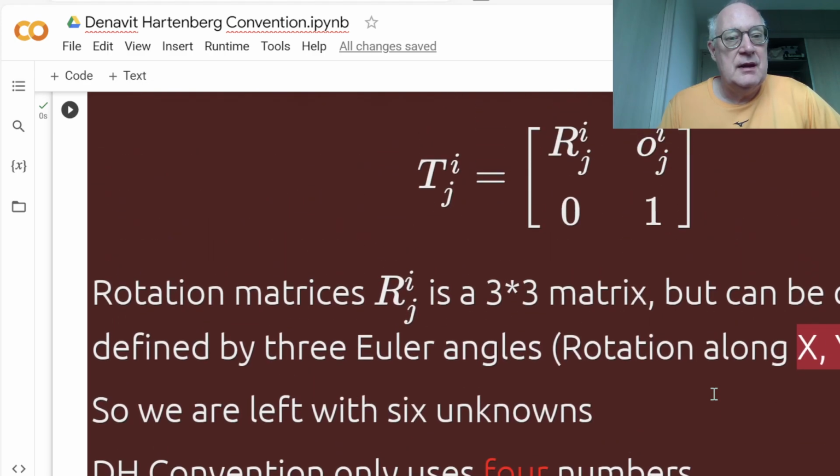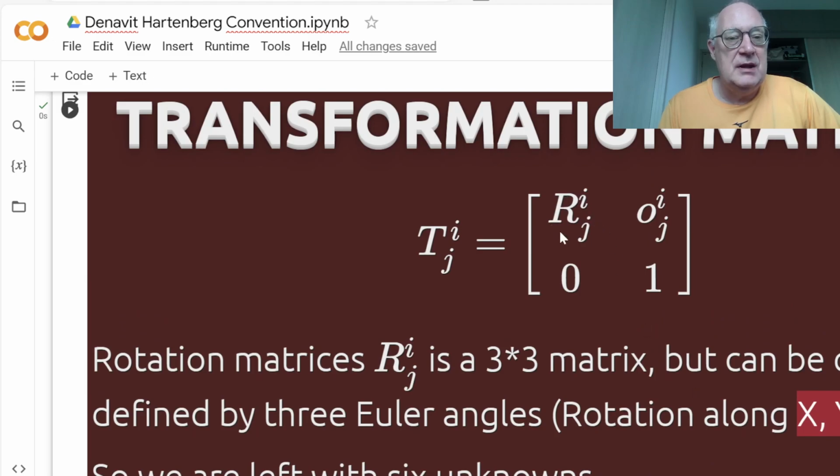So that means even if we take into consideration that this 3x3 matrix can be represented using 3 Euler angles, and then we have 3 unknowns in our translation, we have it reduced from 12 numbers to 6 numbers, which is an improvement.